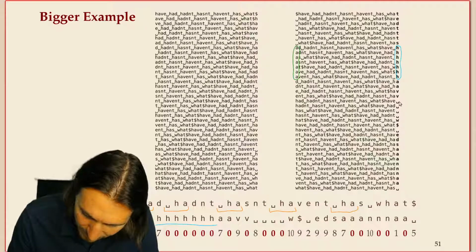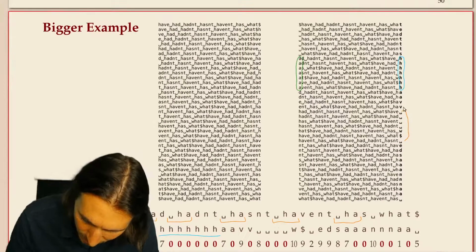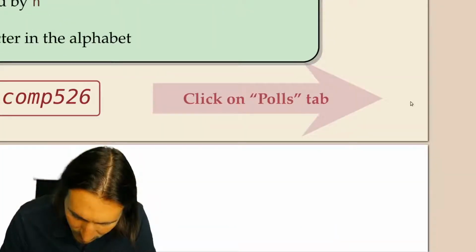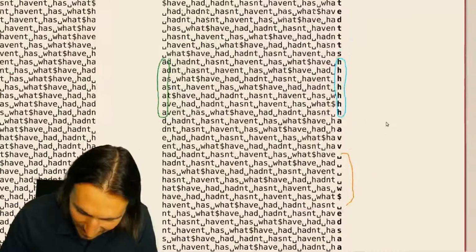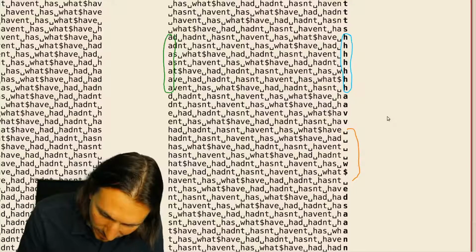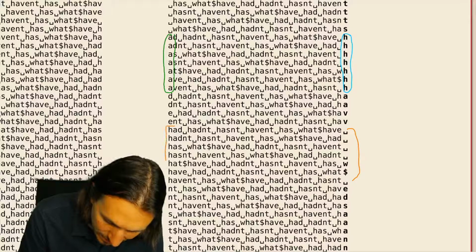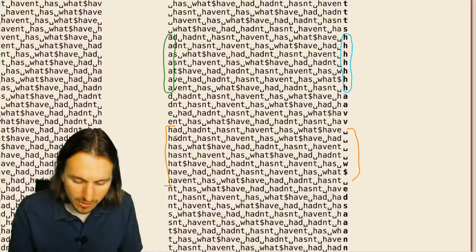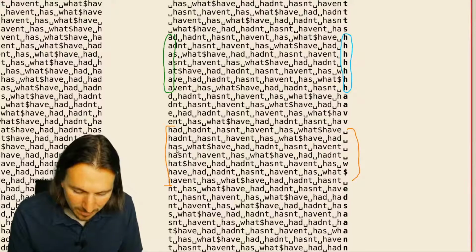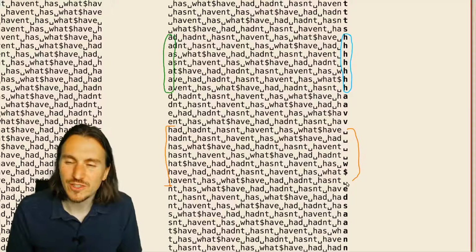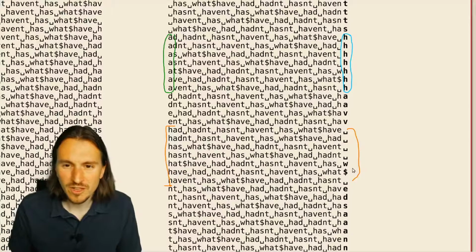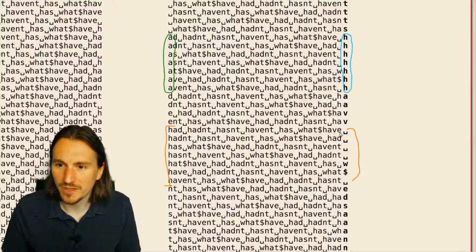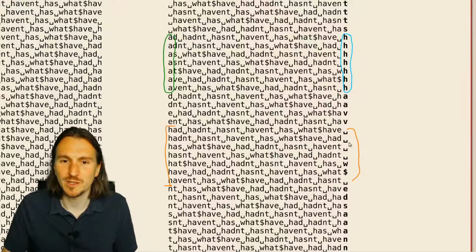For example, here, these are all the suffixes starting with HA, but not all of them are preceded by a space. There's also these two other cases. So even though you have this repetition, you don't get a clean run, you just get a local cluster of the space in the BWT.